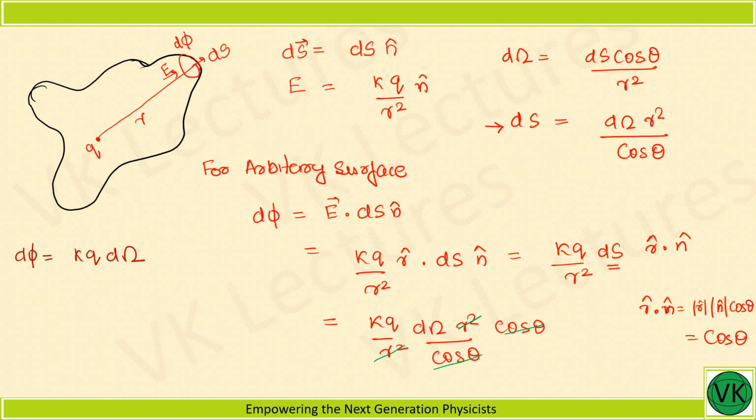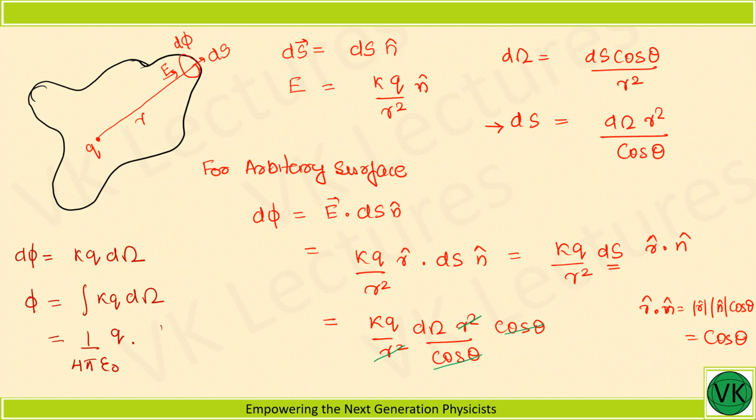Or you can write phi is equal to integral kq d omega. Now k and q are constant, so that is 1 divided by 4 pi epsilon, q into integral d omega, which is the total solid angle, and in any closed surface it is equal to 4 pi.